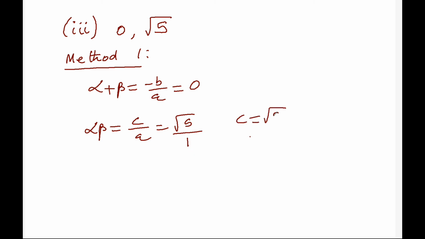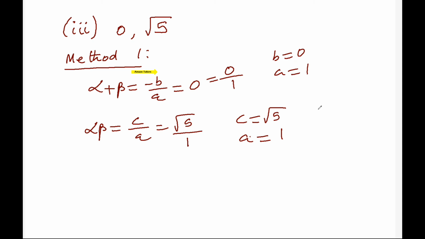Now c is equal to root 5, a is equal to 1. So now I can come back to the first fraction, write a accordingly. So a should be 1. 0 divided by 1 is the same as 0. Right? Now equate for b. b is equal to 0, a is equal to 1. Same a we got in both the cases.